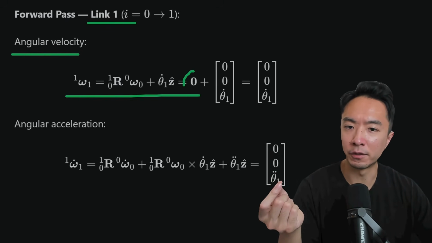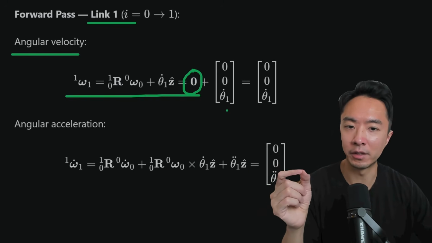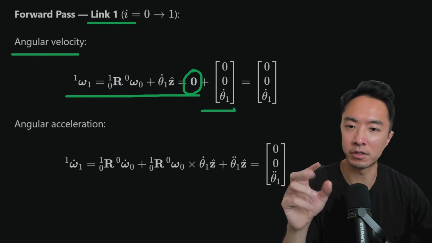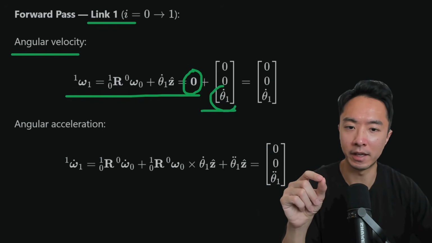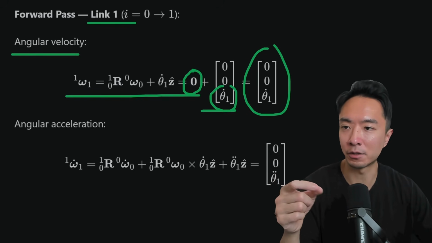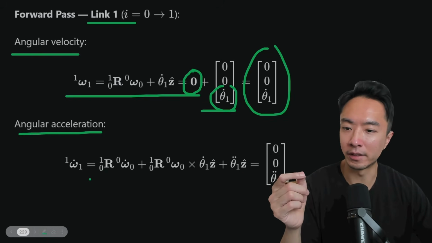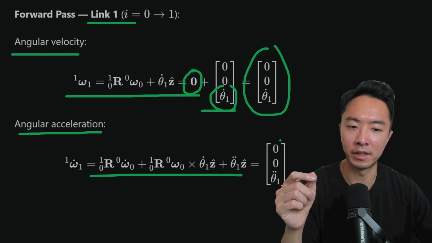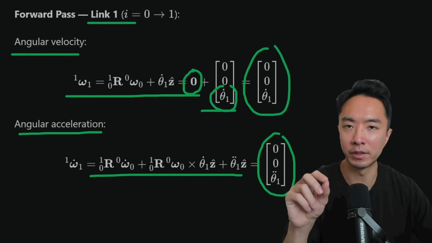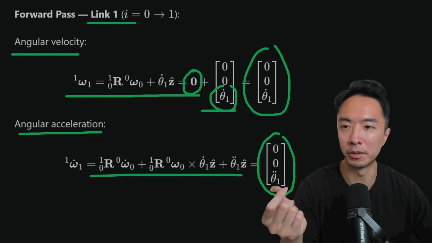We have 0 for our initial condition, and then we add this component, which is our velocity. We only have it at theta dot. So we have theta 1 dot as our final angular velocity. For our angular acceleration, we plug it into this equation, and we're left with only the component at the joint, which is theta 1 double dot.